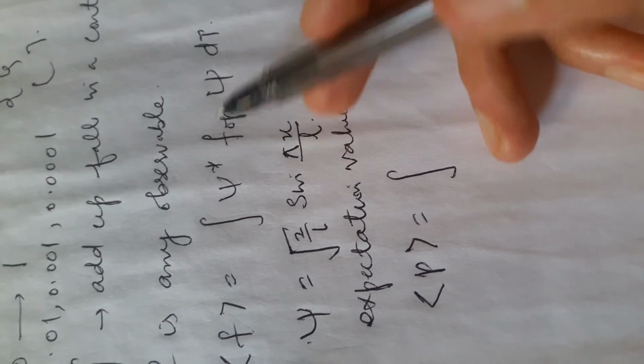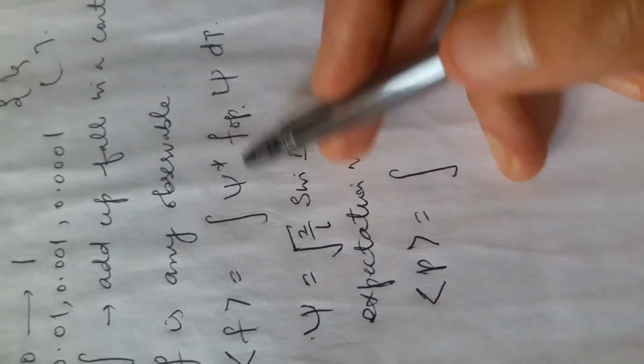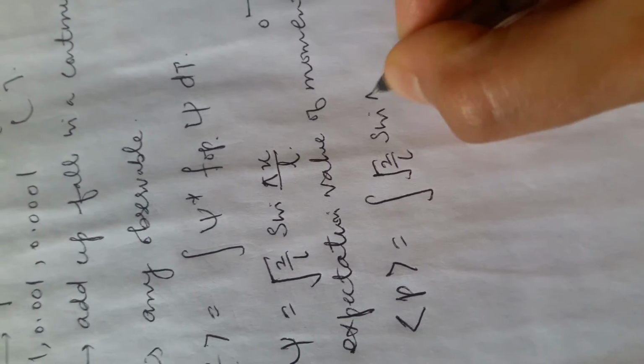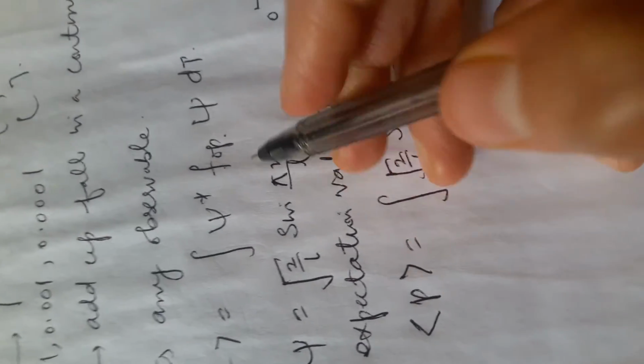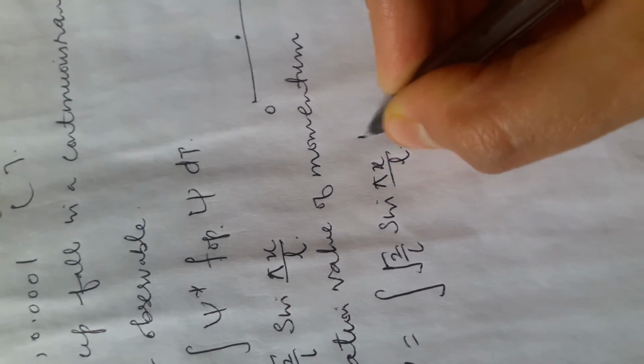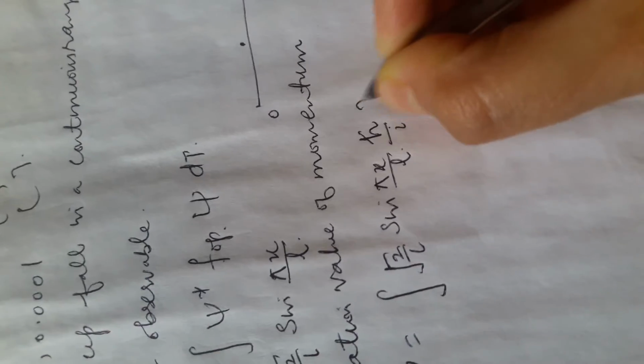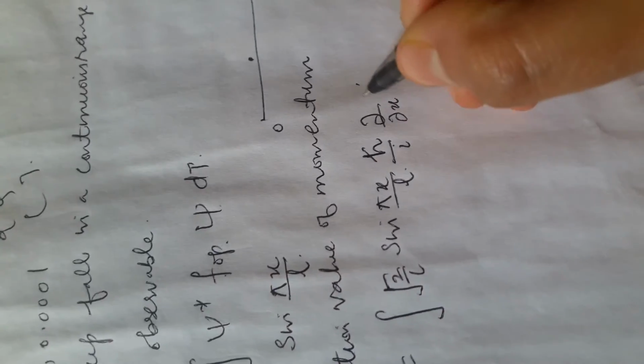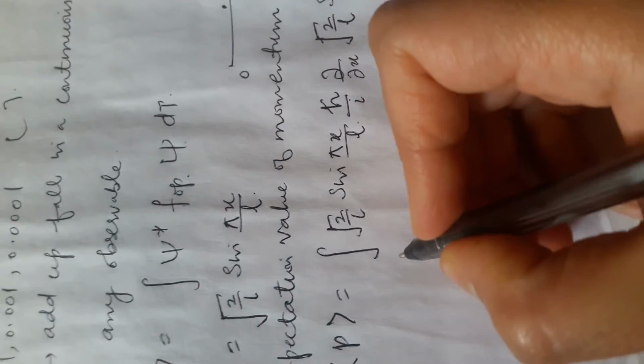So the complex conjugate and the wave function itself, they are the same. So basically we have to write this twice: under root 2 by L sine of pi x by L. For the operator, we'll write the operator for momentum, and now we have done it many times in our calculations, that is h cross by i d by dx. Again, we'll write the wave function psi, that is under root 2 by L sine of pi x by L, dx.